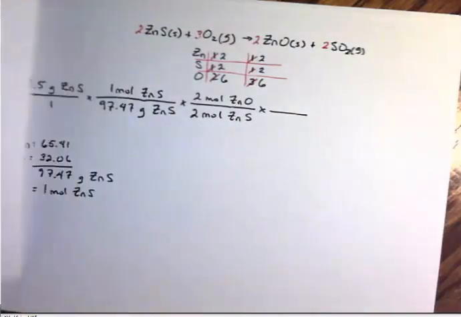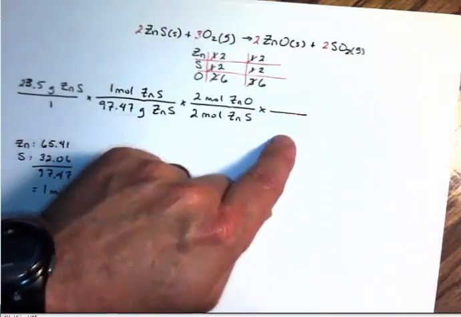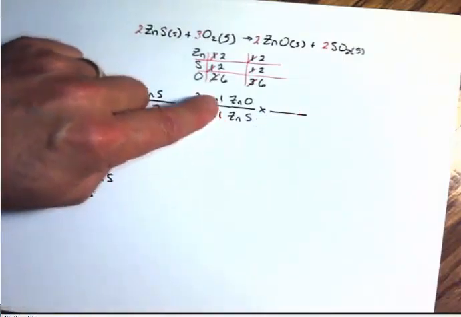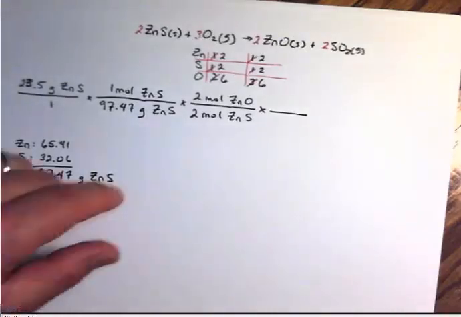The next step then is I need a ratio or a conversion unit that's going to get me from moles of zinc oxide to the particles. The question asks how many molecules of zinc oxide there are.